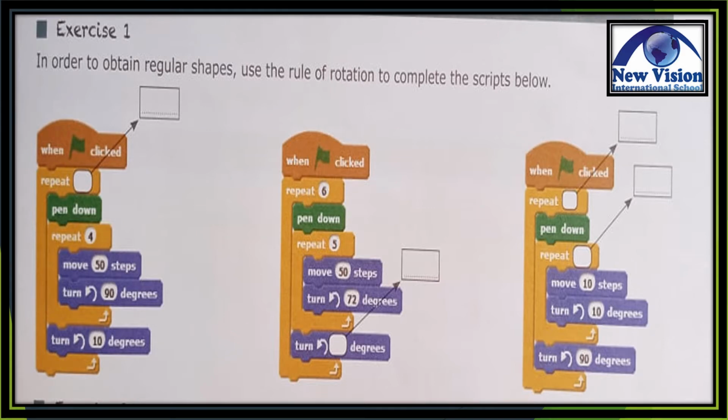In order to obtain regular shapes, use the rule of rotation to complete the scripts below. The first given, since this is turned to the left 10 degrees, what would be the answer? So that would be 36, since 360 degrees divided by 10 is 36.